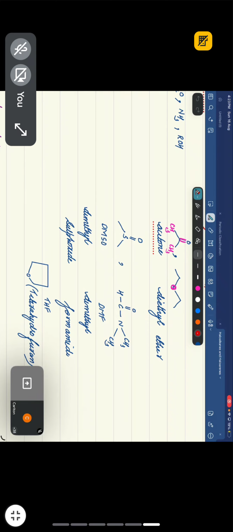Tetrahydrofuran. Done? Please make it quick. You don't have to know the structures at all. Just that going forward, if I say DMF, DMSO, you should have an idea. That's about it.